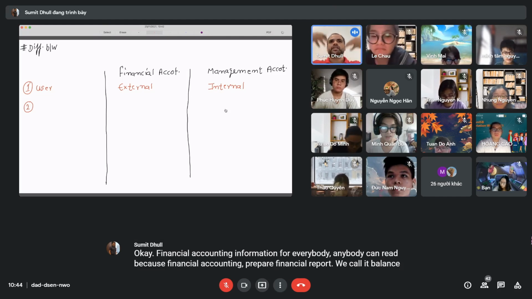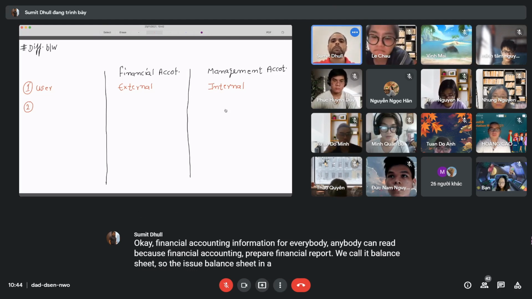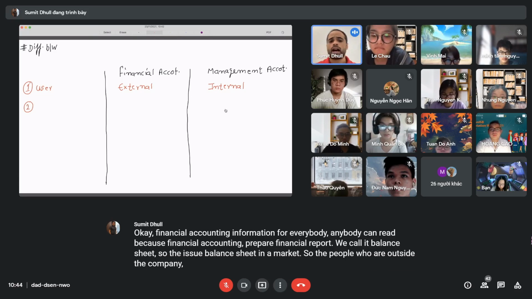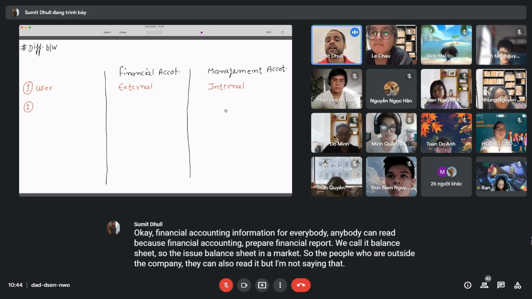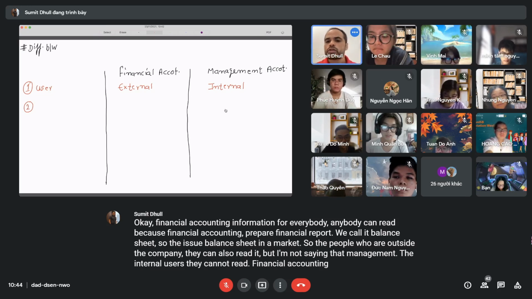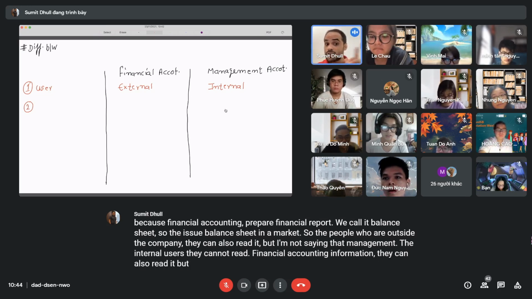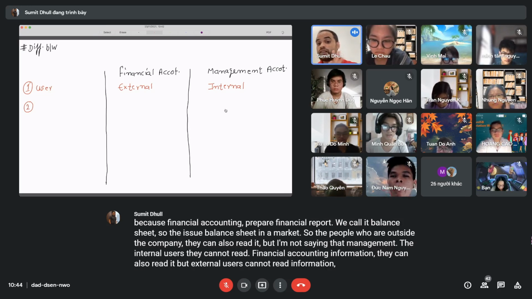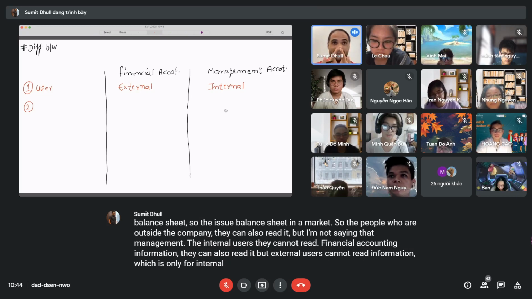So they issue the balance sheet in the market, so people outside the company can also read it. But I'm not saying that management, the internal users, cannot read financial accounting information. They can also read it. But external users cannot read information which is only for internal users, because internal users means within the company.